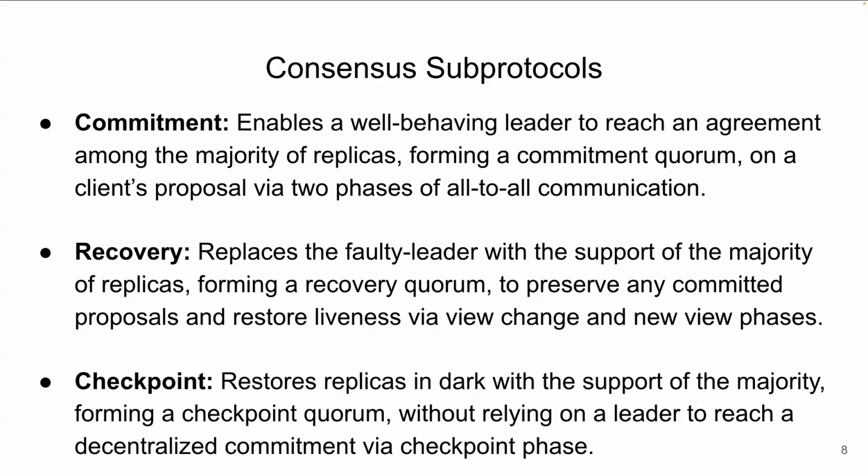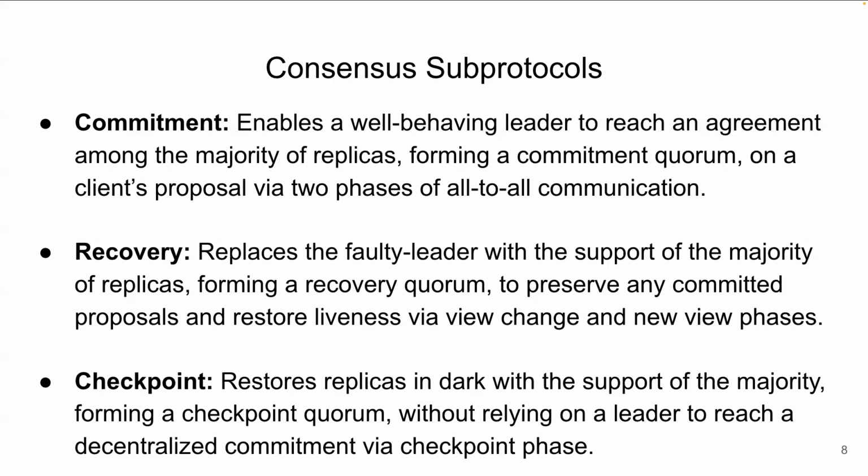But since this checkpoint is no longer leader-based, it's decentralized, everybody just telling everybody else I've committed, it doesn't have the same censorship property that any leader-based routine will have. A leader can censor a transaction, or it could just not send it to everyone. But this checkpoint, since everybody is on their own sending it and informing everyone, doesn't have that limitation.